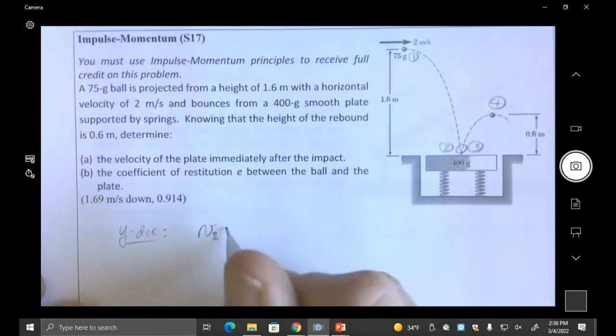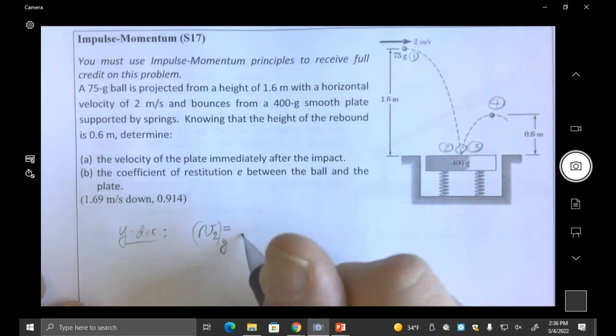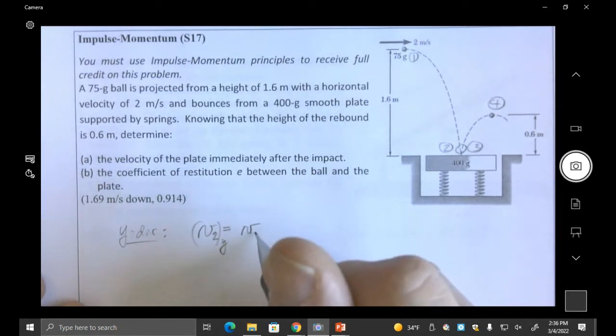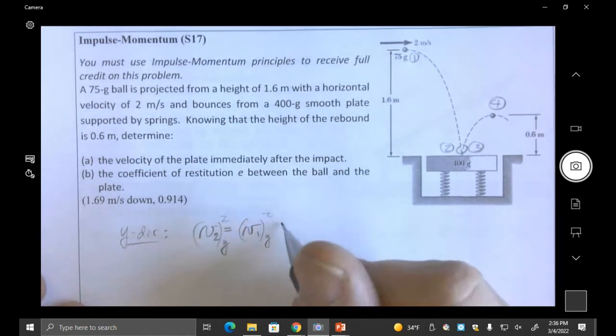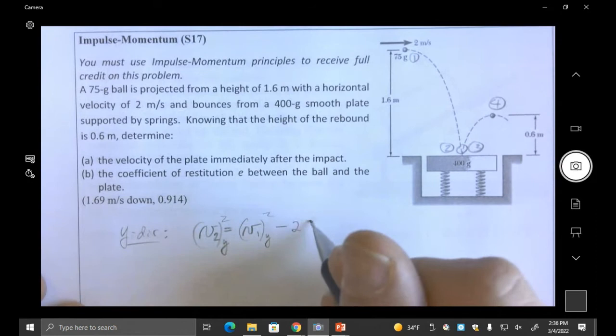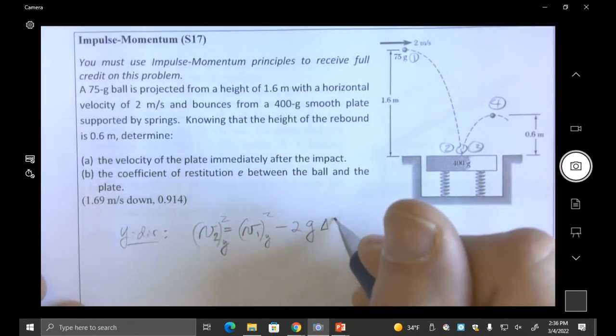So state 2 in the y direction is going to be the velocity of state 1 in the y direction squared, minus 2g times delta y.